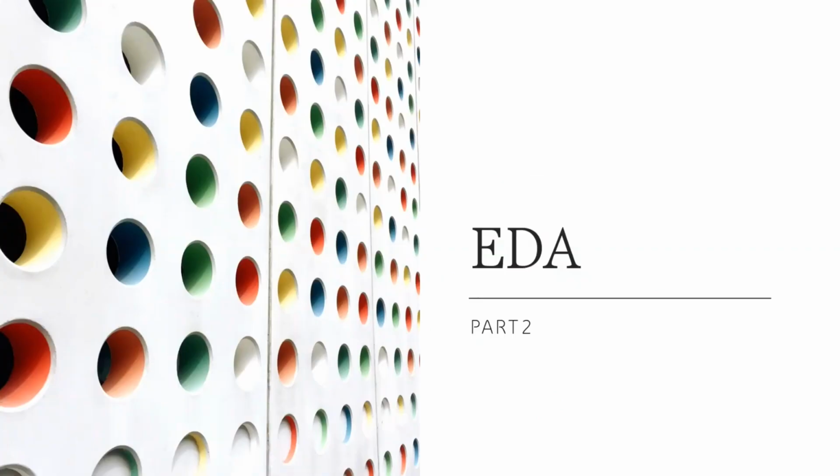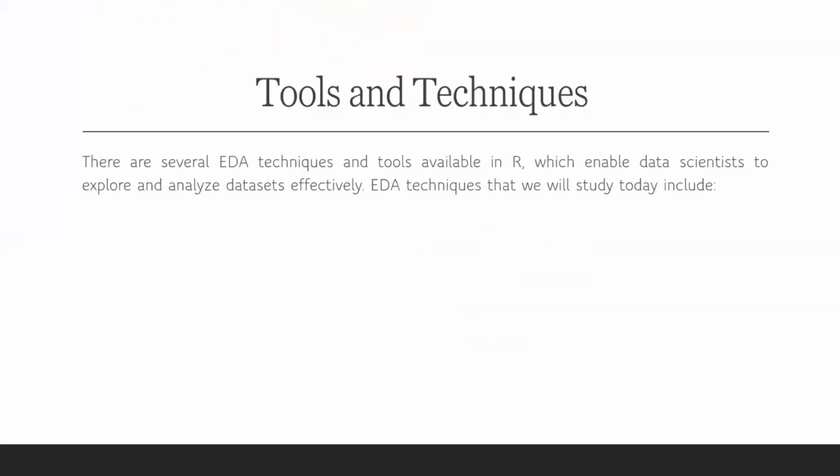Hi everyone, welcome to the second part of our outline exploratory data analysis. So let's see the tools and techniques for exploratory data analysis. There are several EDA techniques and tools available in R, which enable data scientists to explore and analyze datasets effectively.